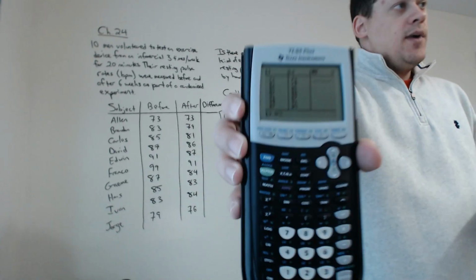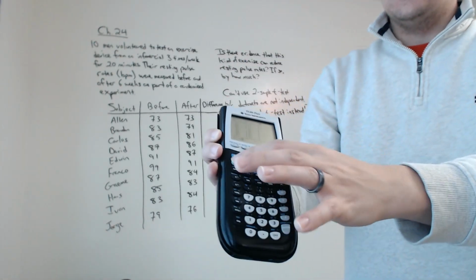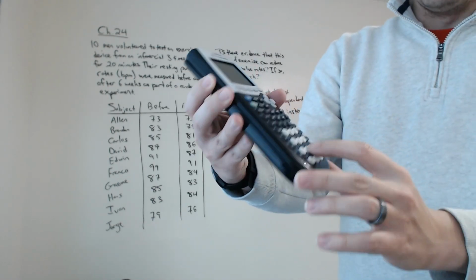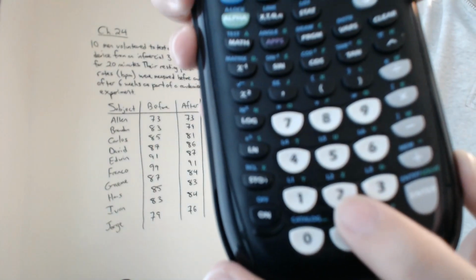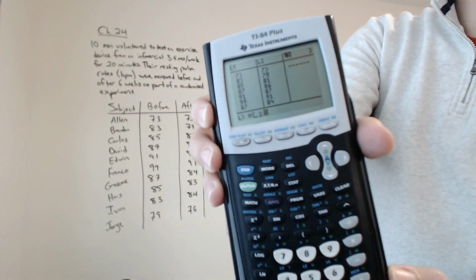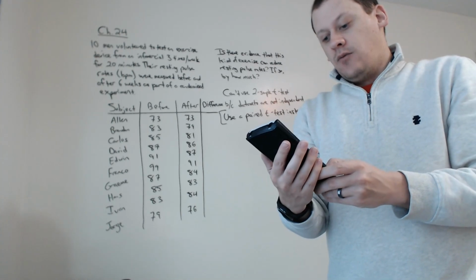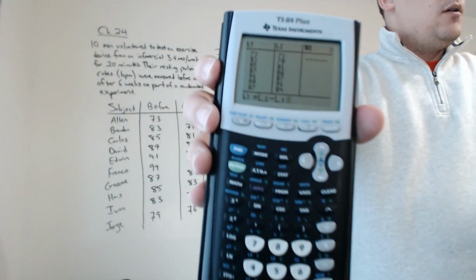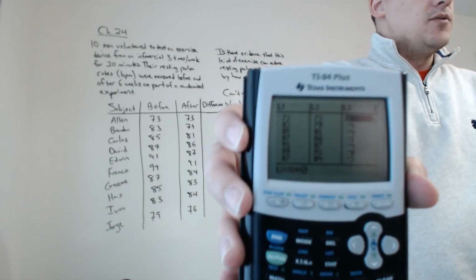So to get L2 minus L1 down there at the bottom, to get L2, that's going to be the blue second key, and then the number 2. See how it says L2 above the number 2 there? My apologies. It says L2 in blue right there. So if you just press second 2, boom, L2. Minus second 1. So we've got L2 minus L1 there. If we hit enter, it'll automatically fill in L3 with those differences.